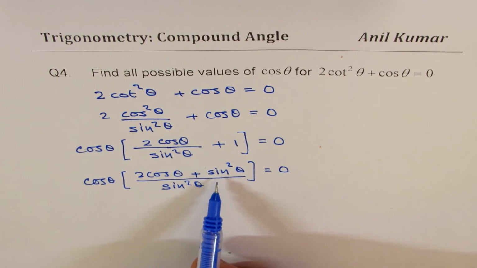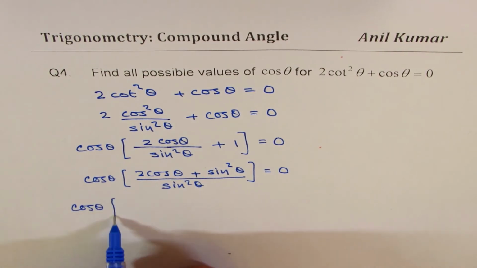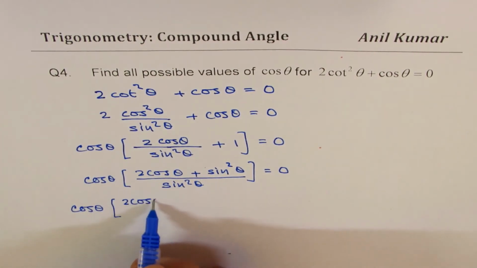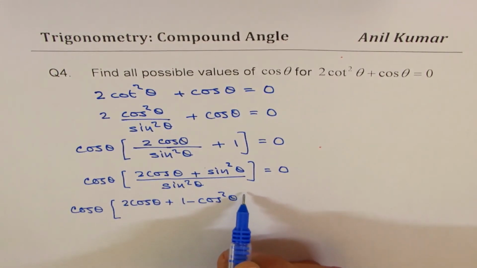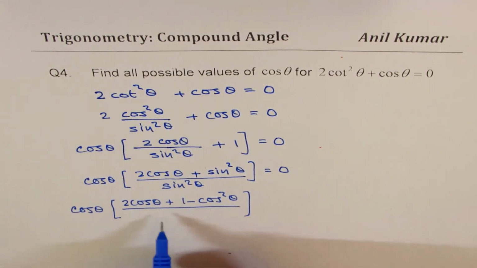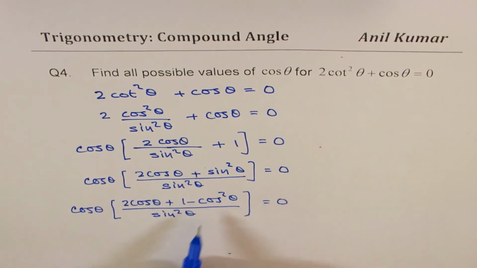Now we could write sine square theta as 1 minus cos square theta, right? So we'll rewrite this as cos theta times 2 cos theta plus 1 minus cos square theta divided by sine square theta equals to 0. That gives you a quadratic equation in cosine.